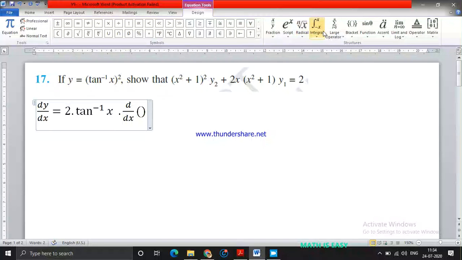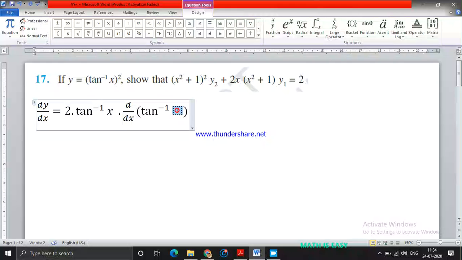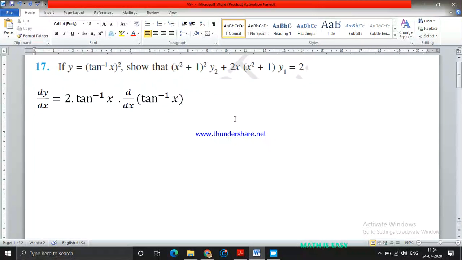Theta here we are taking as tan inverse x. So derivative of tan inverse x will come.